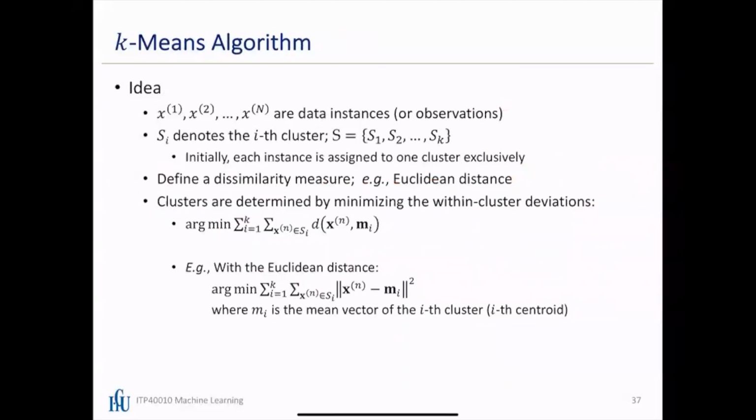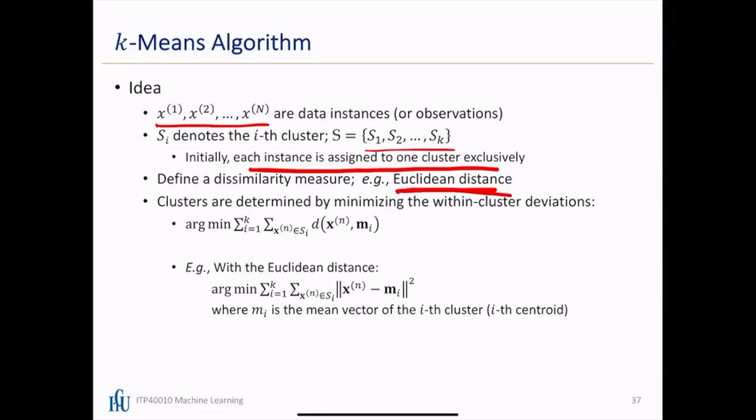So here is the brief idea of the k-means algorithm. You have n data points, and you start with k clusters. Initially, it starts from some kind of random assignment of those clusters. And in order to conduct this clustering, you want to define a distance metric. You want to measure the distance between the cluster center and its individual data points.